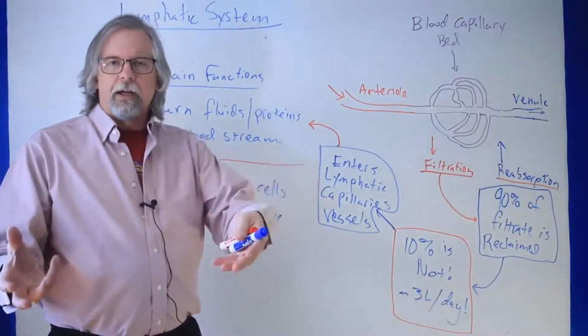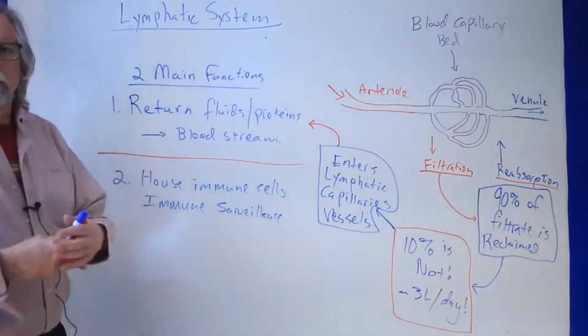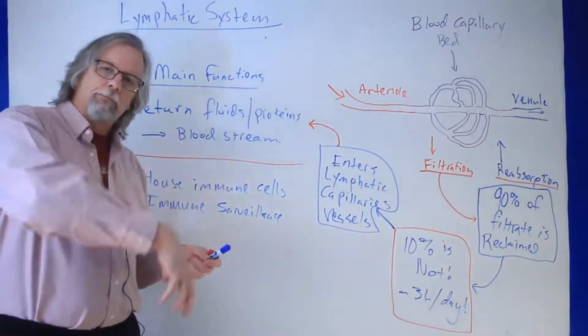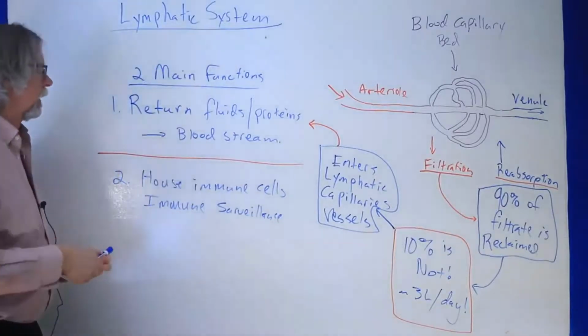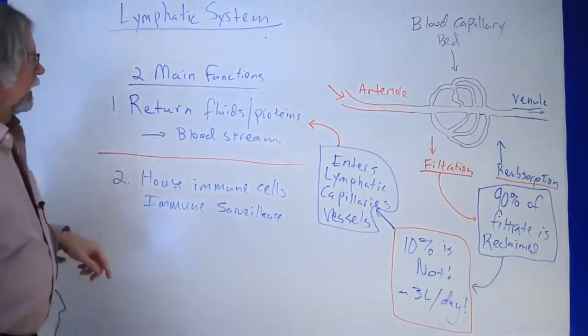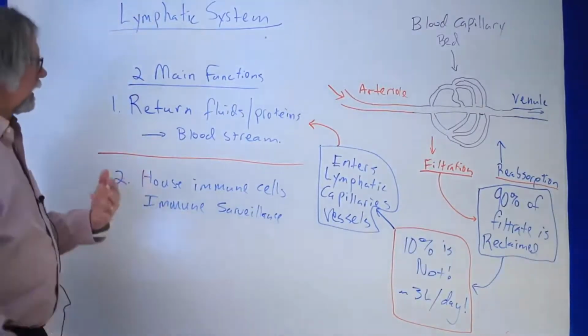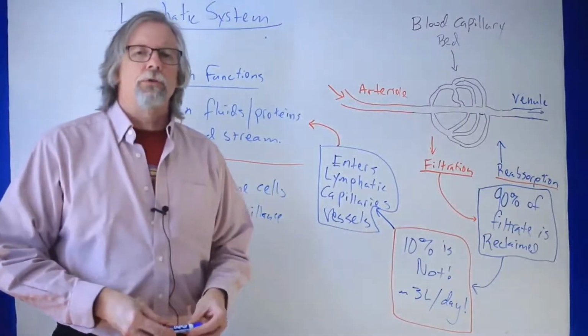And so the lymphatic system involves a set of vessels, lymphatic vessels, that are going to conduct that fluid back into the bloodstream, reclaiming it in a sense. That's number one.